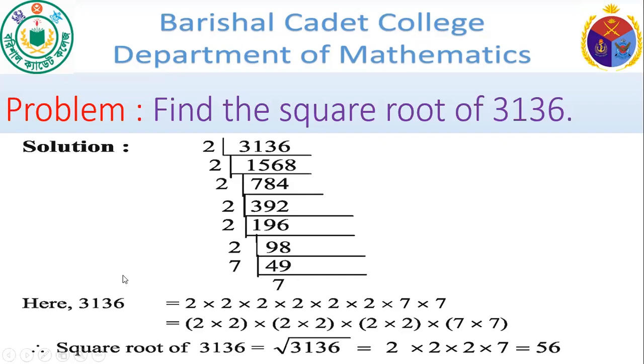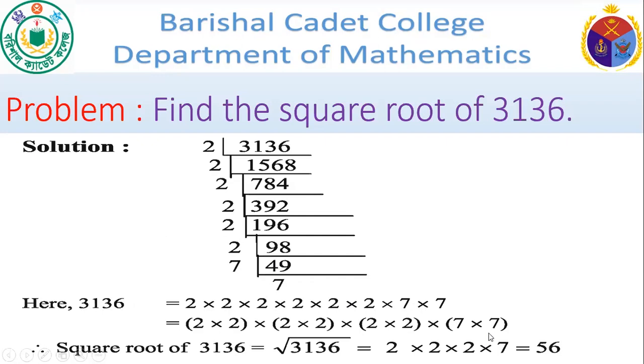So what can we write? We can write 3136 equals 2 into 2 into 2 into 2 into 2 into 2 into 7 into 7. If we make pairs, we get 2 into 2 as one pair, another pair, another pair, and the last pair is 7 into 7.